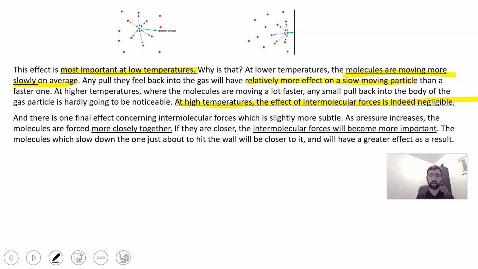They're stronger. So, increased pressure, the particles are closer, and then there's a little more attraction between them. The molecules which slow the one just about to hit the wall down will be closer to it, and that's going to cause a greater effect.